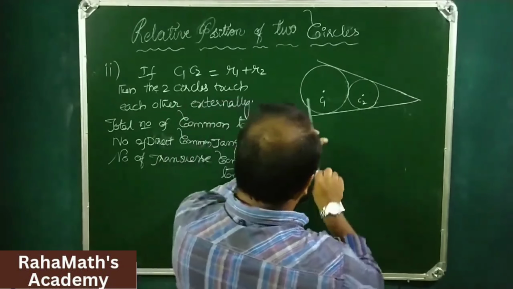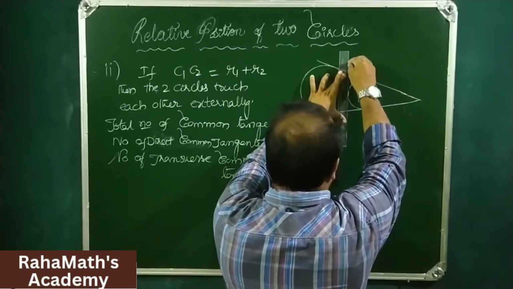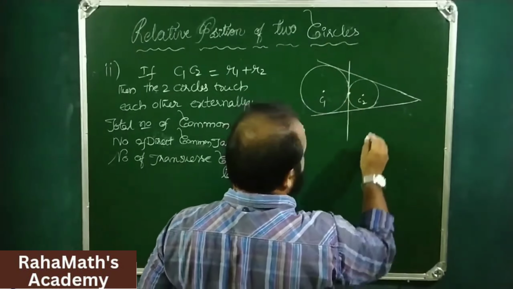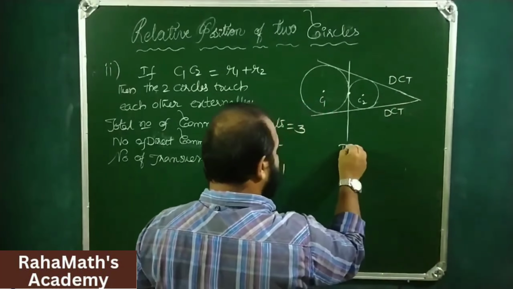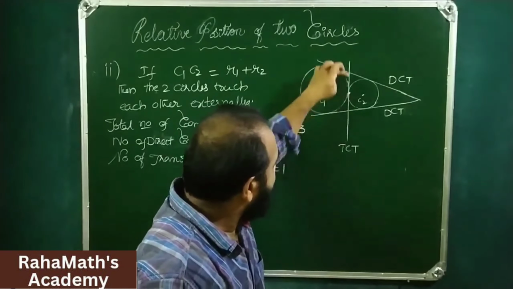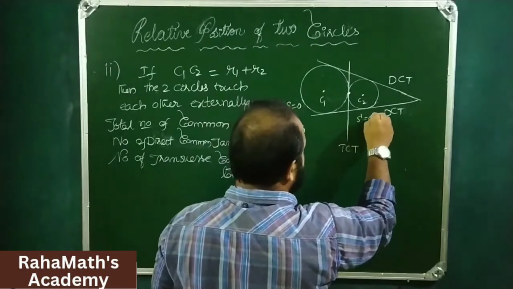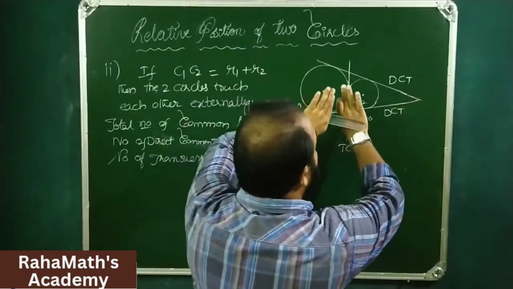Okay, and what is this? These are direct common tangents, and this is a transverse common tangent, because with respect to this line, the circles S equals 0 and S dash equals 0 lie on the opposite or either sides.